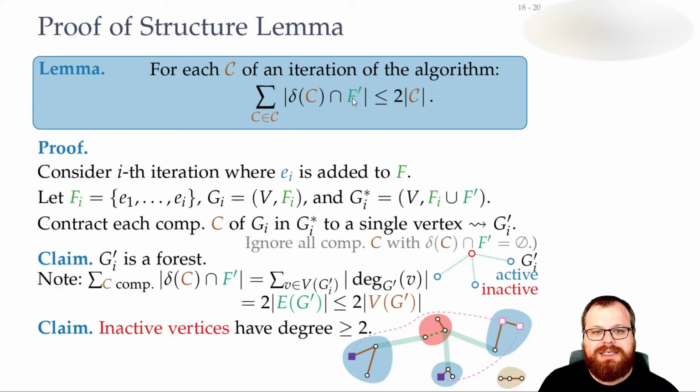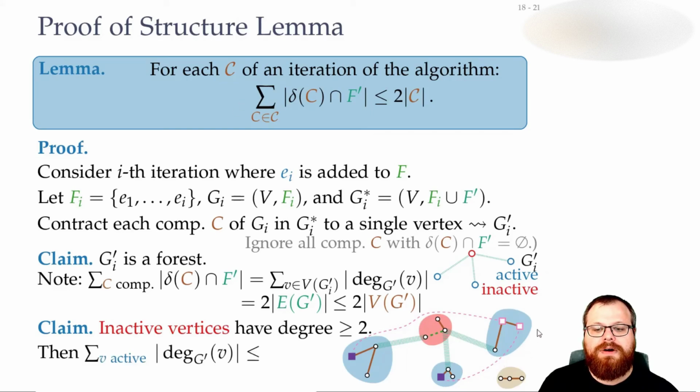So this here is exactly the sum of the degree of all active components. The sum of the degree of all components is 2 times the number of vertices. The inactive ones each contribute at least 2.